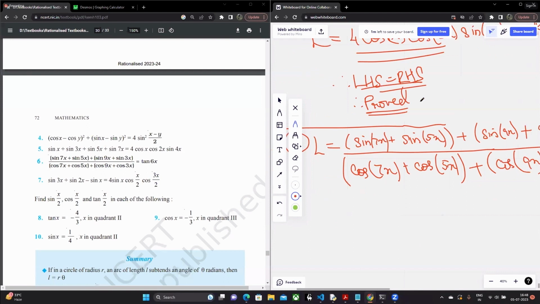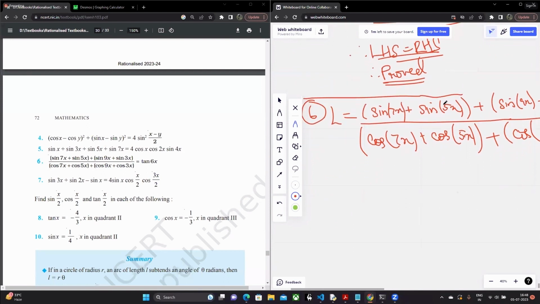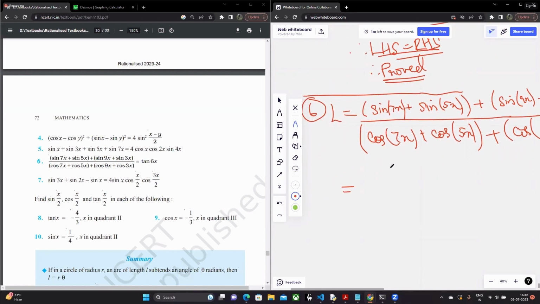Apply the sin A plus sin B, cos A plus cos B formula twice each. So what you get is over here you'll get 2 sin of 6x and sin of 7 minus 5 is 2, so you get sin x over here. Right?